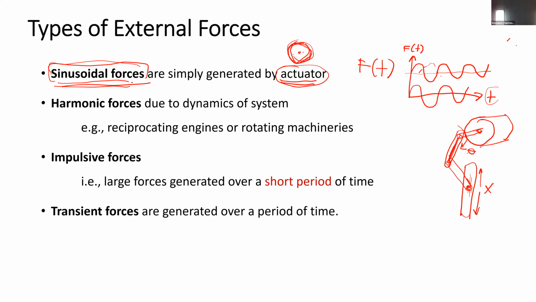You may consider engine force. In the engine, we have multiple pistons that rotate with different angles. If you consider each piston and cylinder, and we have the crank in the system, the engine itself cannot generate continuous torque or continuous force, but it will vary with time in the cycle.